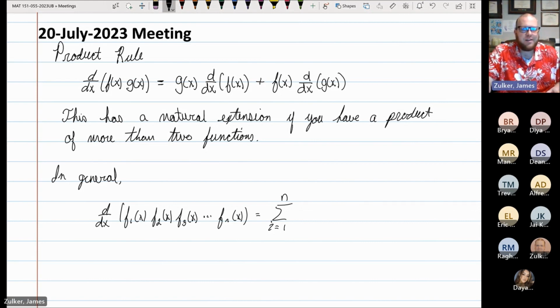That was actually going to be more difficult to write out than I originally thought without using product notation.